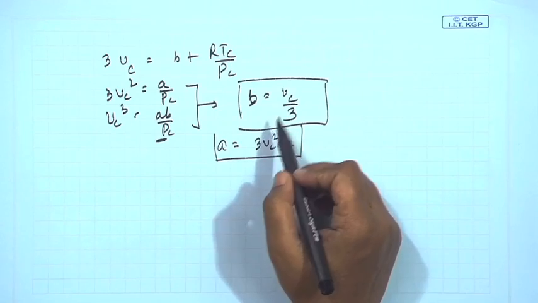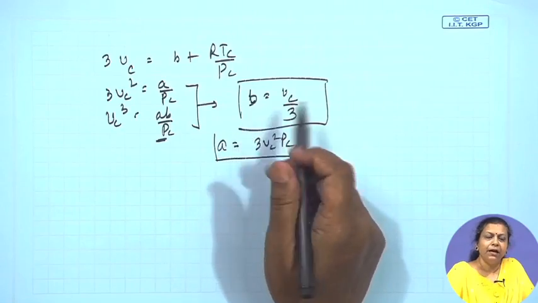Tc and Pc are much more easily evaluated as compared to Vc, for which usually we resort to the disappearing meniscus experiment, which we had discussed in the last class. So, therefore, we would like to express A and B in terms of Tc and Pc instead of Vc.